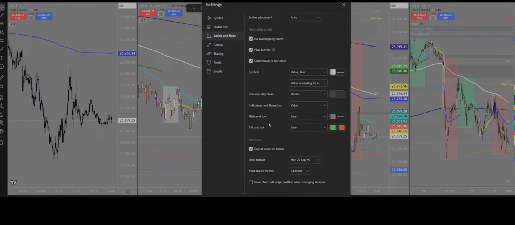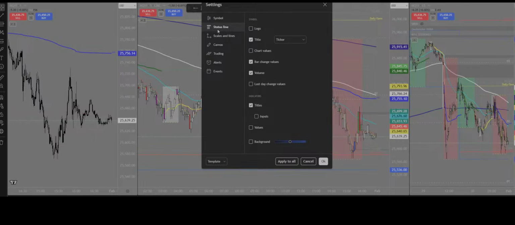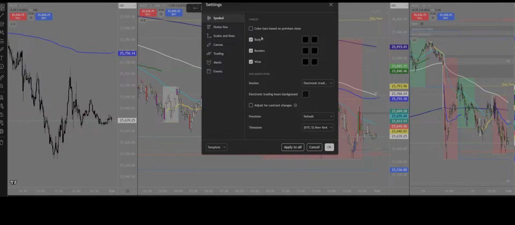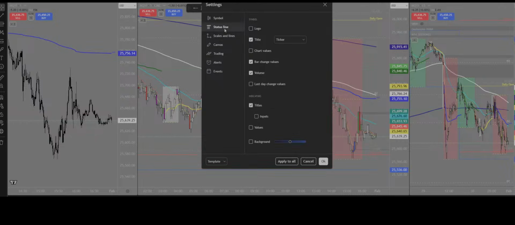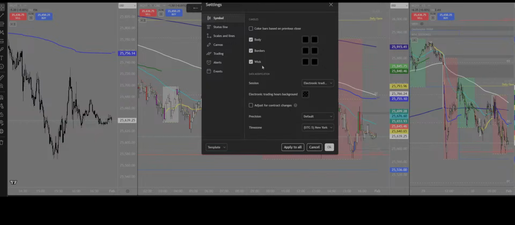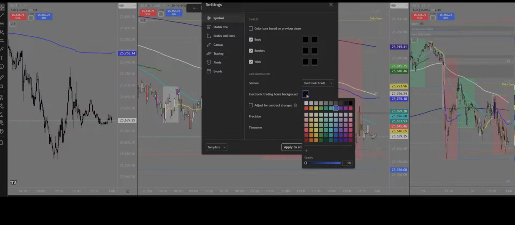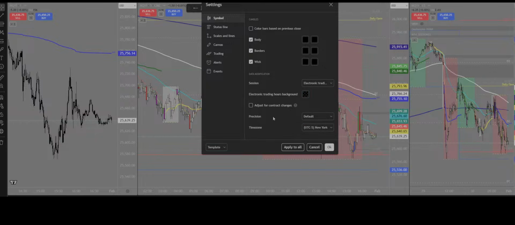Scales, scales, scales. Previous day close. I don't need that. Where's status? Symbol. Candles, electronic trading. Nope. I can't scroll anywhere in here.